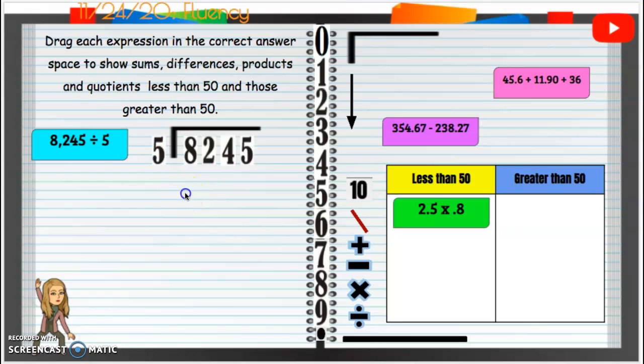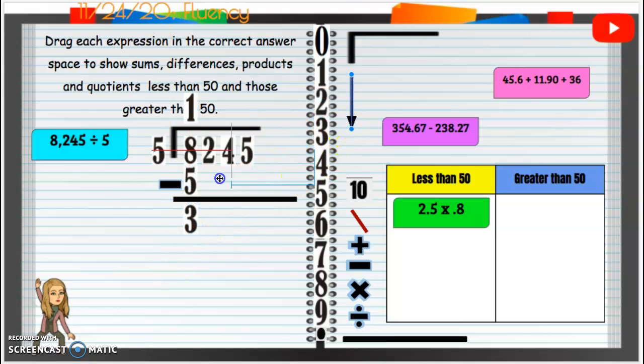How many times can 5 go into 8? It can go into 8 one time. 5 times 1 is 5. 8 minus 5 is going to be 3.